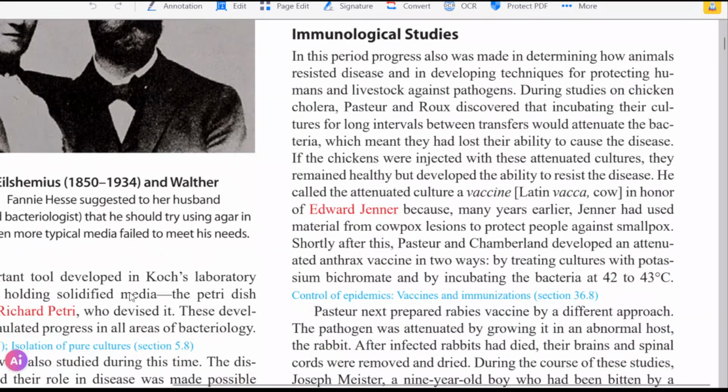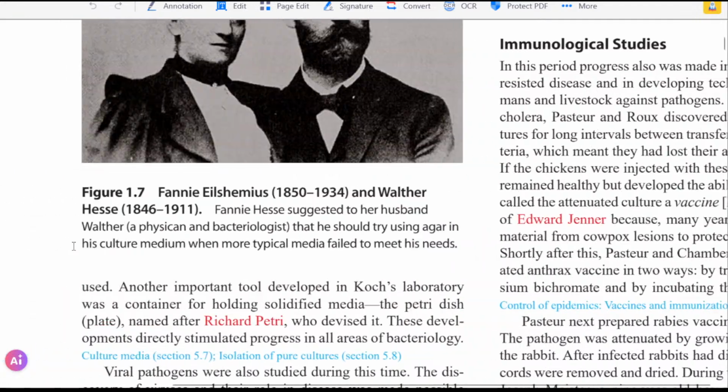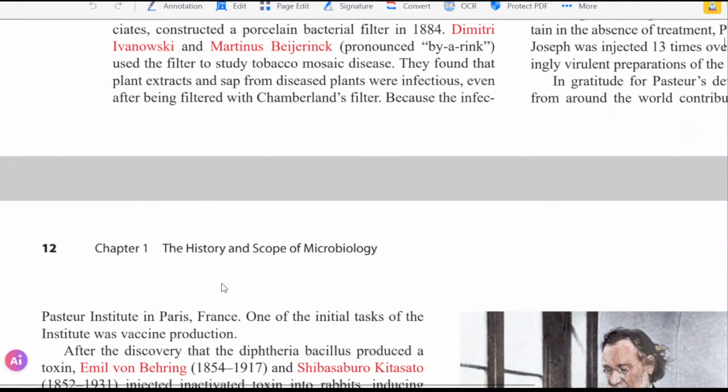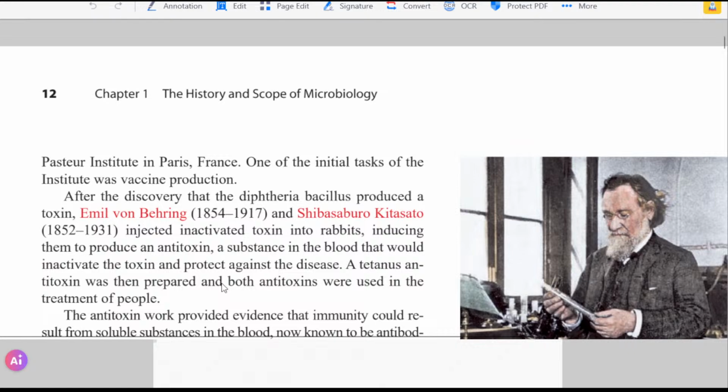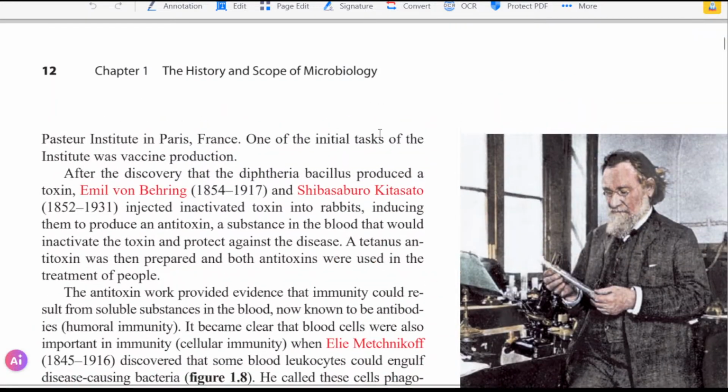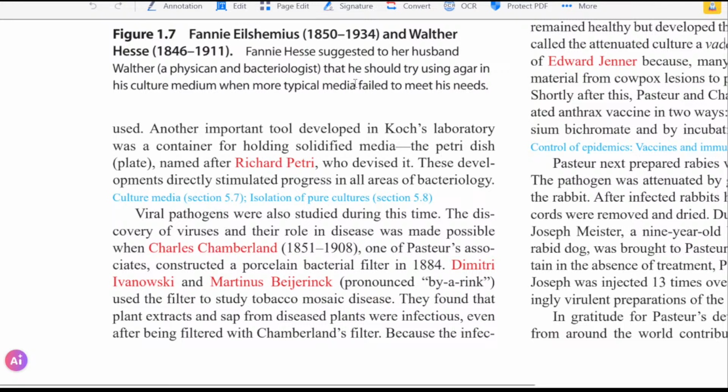And after that, when he was culturing Mycobacterium tuberculosis, he struggled with making the medium. The medium is a material which is a complete nutrient to grow the bacteria. So he was having trouble developing that, and in this case his assistant's wife, Fanny Hesse, of Walter Hesse, said that in her research work she used jelly, so agar.